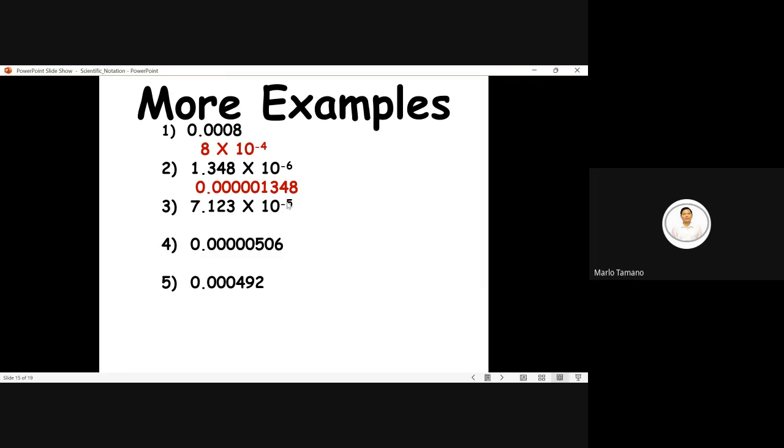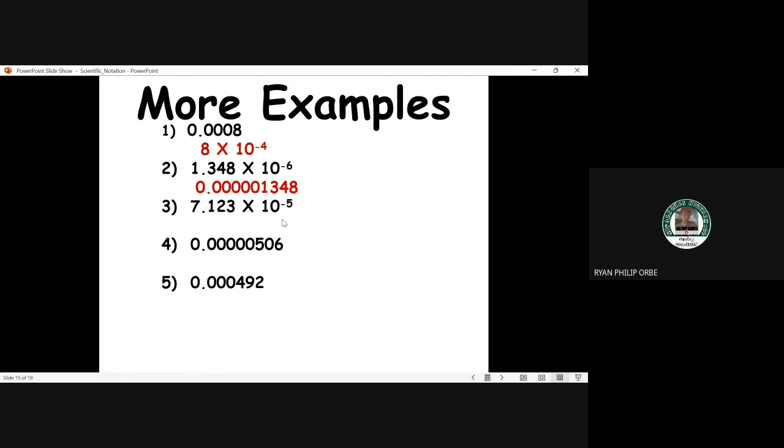So how many zeros were added? 1, 2, 3, 4, 5, 6. The 1 is the 6th. So when there is no digit to move through, moving the decimal point to the left, you add 0. And every 0 added should be counted. Understood?